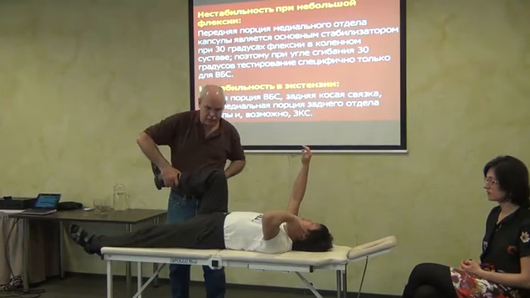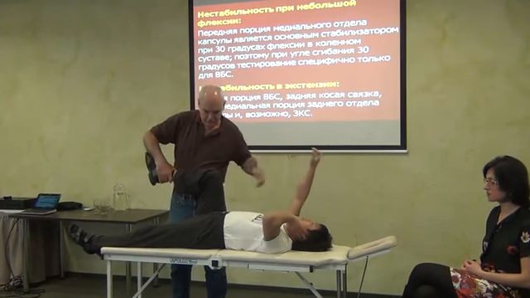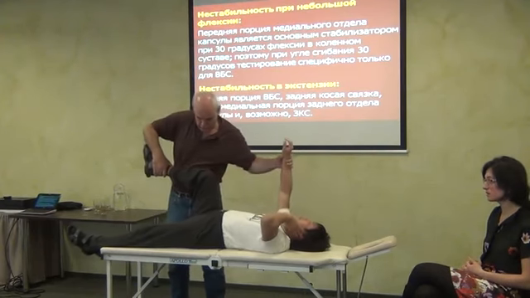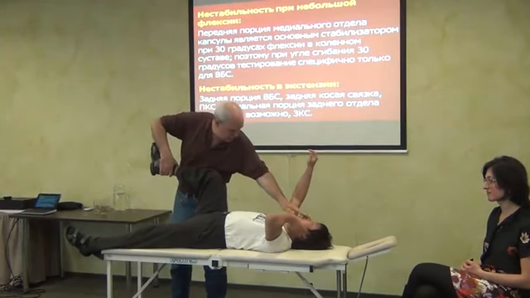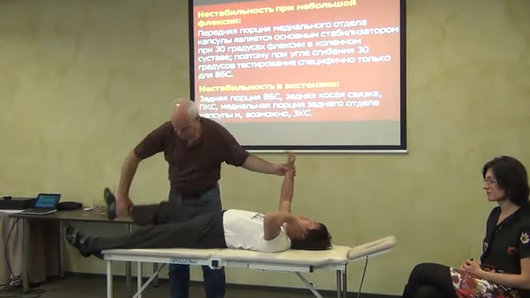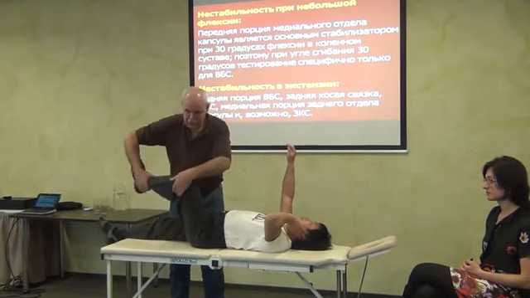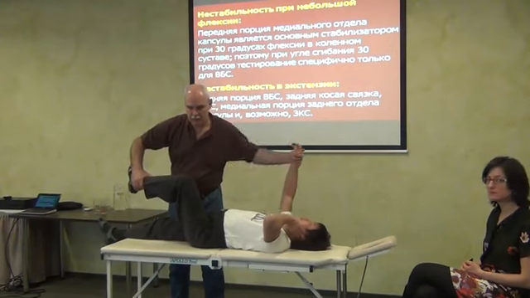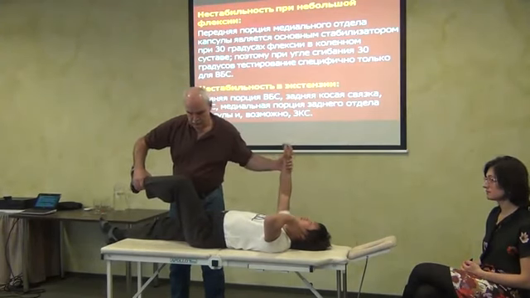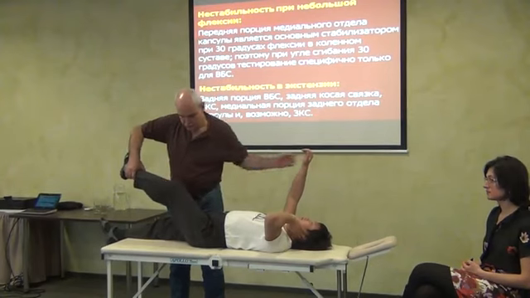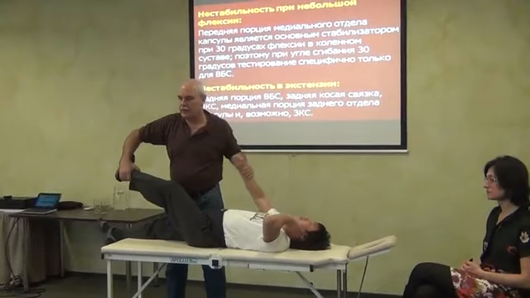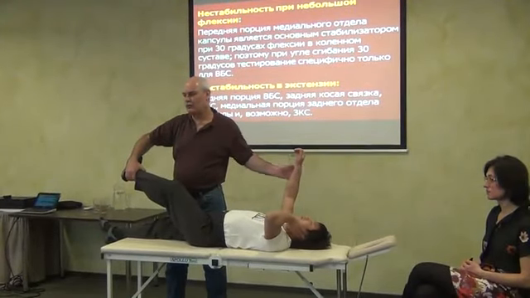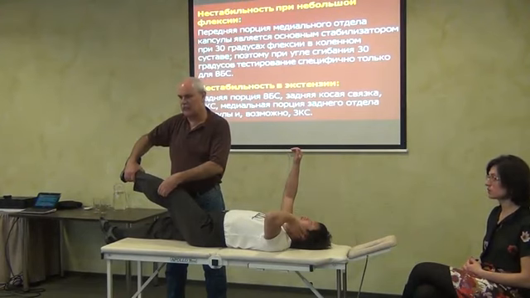The medial side is not a problem. Now let's look at the external part of the posterior capsule. Okay, maybe here. Here he has a Golgi dysfunction of the posterior lateral area of the capsule.